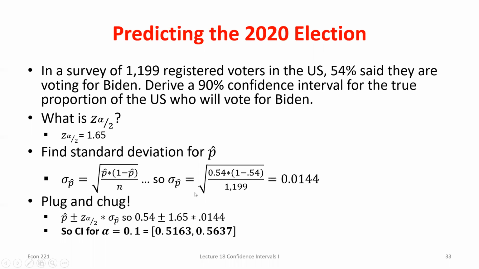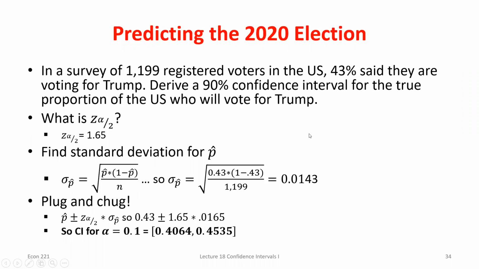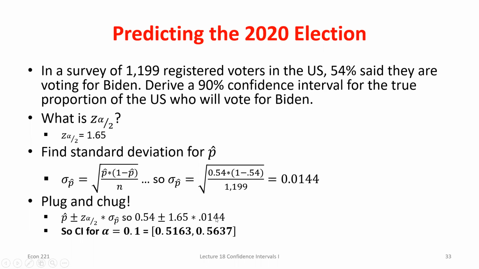We could then look at that same survey, which found that 43% of people said they were going to vote for Trump. So we could build the lower and upper bound for that, right? And now we can essentially just plot these confidence intervals and see, do they overlap or do they not? So 0.4 to 0.45 and 0.51 to 0.56.